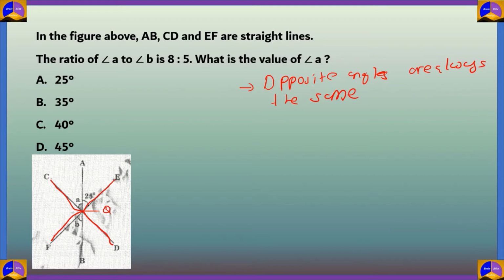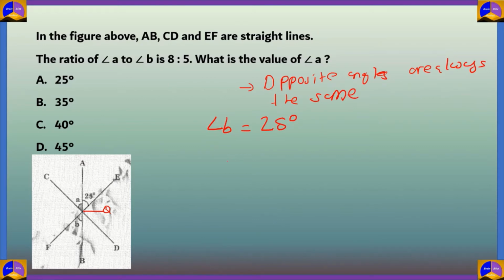Similarly, angle CQA will be equal to angle BQD. So similarly, angle AQE, that is 25 degree, will be equal to angle BQF. So we have the value of angle B, which is 25 degree.